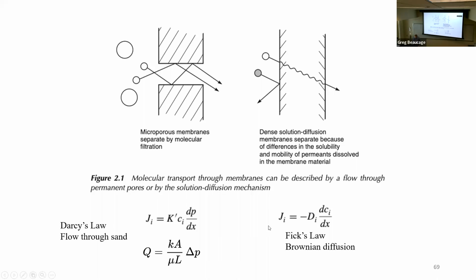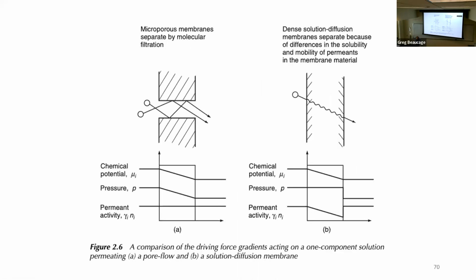So the mechanisms for the prefactor are a big difference between these two things. One's almost macroscopic and one's microscopic, but the forms of the two are kind of similar. But this is how they look at it in the books. They look at the chemical potential on the two sides, the pressure on the two sides. So for diffusion, the pressure is just a step, but the activity, in other words the concentration, drops.